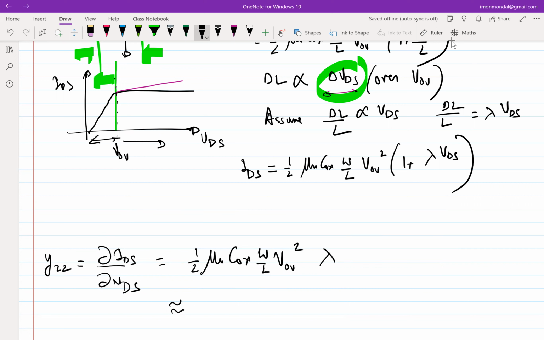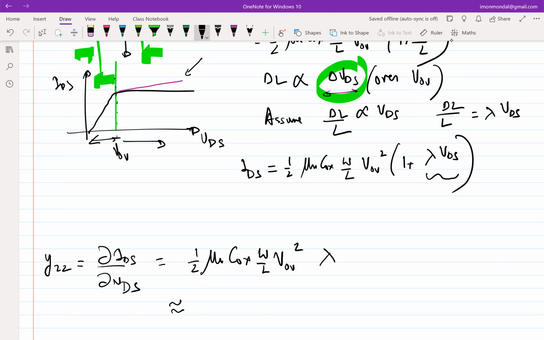Now it's not a very good current source because the IDS is getting influenced by VDS. So what do you expect this lambda VDS to be with respect to 1? Much smaller than 1, right? Because only if it's much smaller than 1 do you expect this slope to be quite shallow.